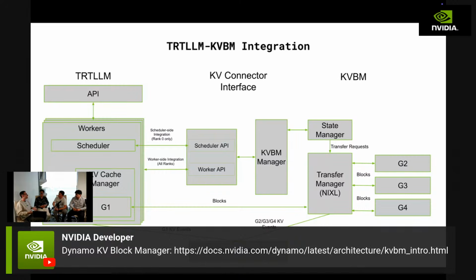Ultimately, the framework and the KV cache manager shouldn't care where these blocks are actually coming from, just that they now exist in GPU memory. So that's a really nice thing about this connector API approach.